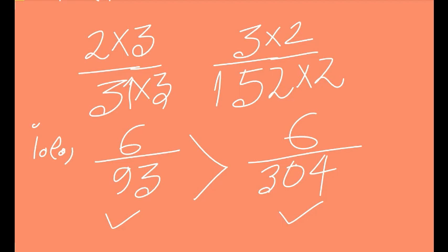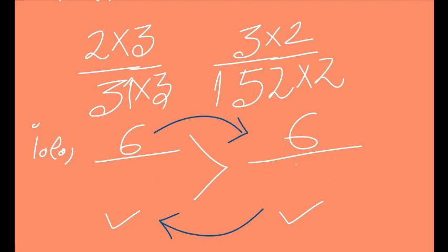So if I would have written this fraction on the right side and this fraction on the left side, that is, if I would have written 93 here and 304 here, then what would be the sign? Would it be less than or greater than?